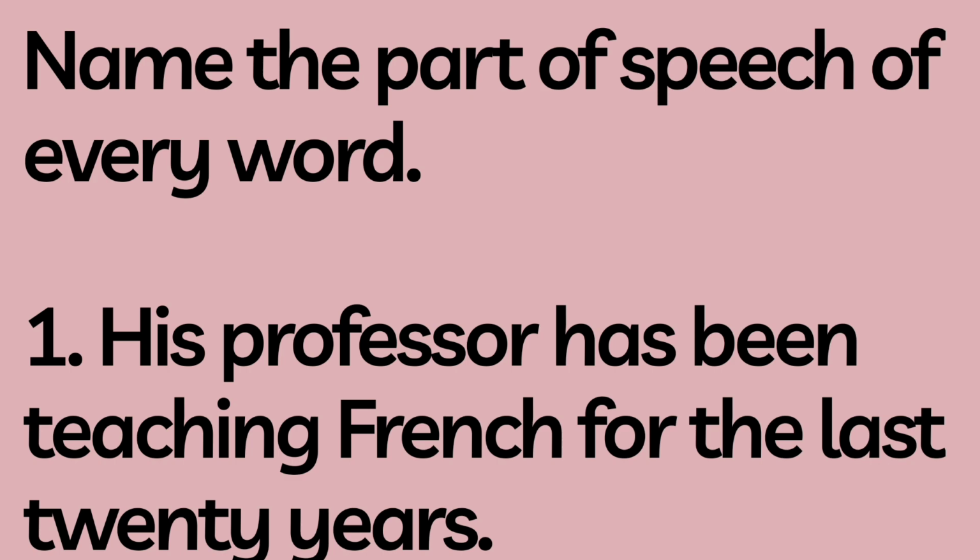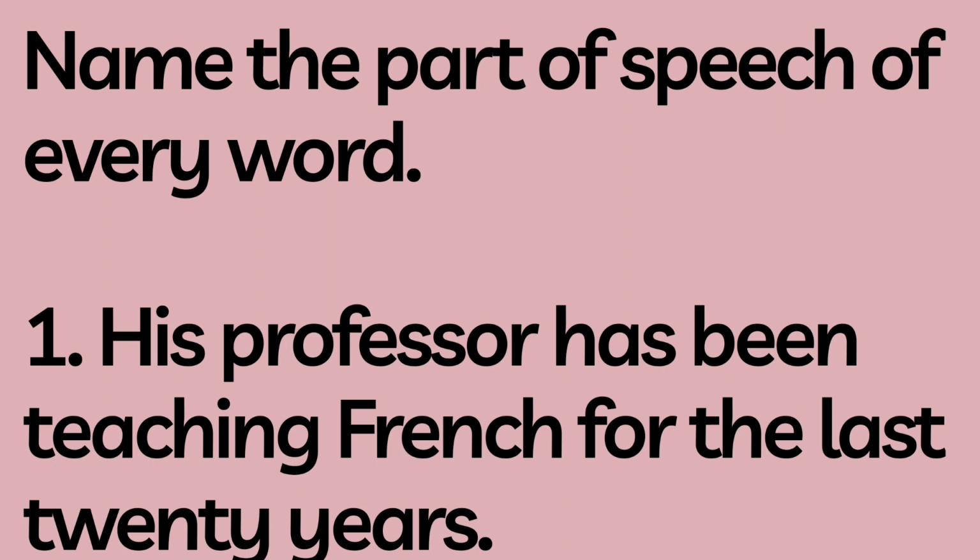The nouns in the sentence are professor, French, and years. What is his professor doing? His professor has been teaching. That's your verb. Has been teaching. Then you go to the adjectives.